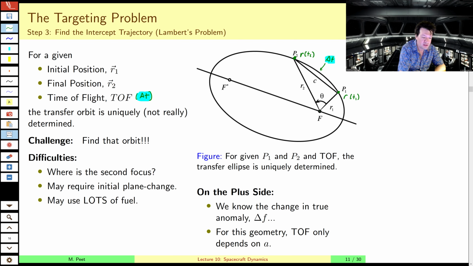So remember, the true anomaly is the angle from the periapse to the focus, but we don't know where the periapse is, unfortunately, on this point, because we don't know where this distant focus is, so we don't know where the line of the major axis is. So the change in true anomaly is, again, still not enough to help us out. It's not going to solve our problem for us.